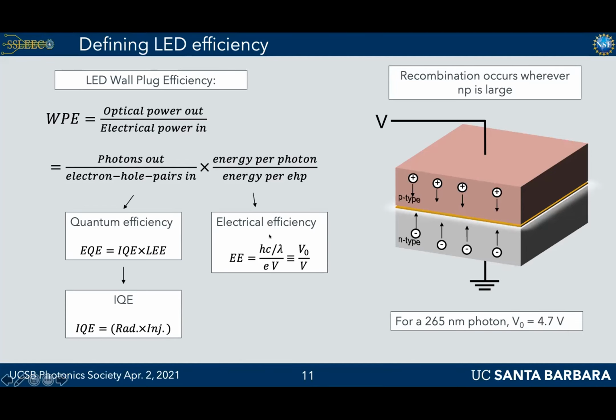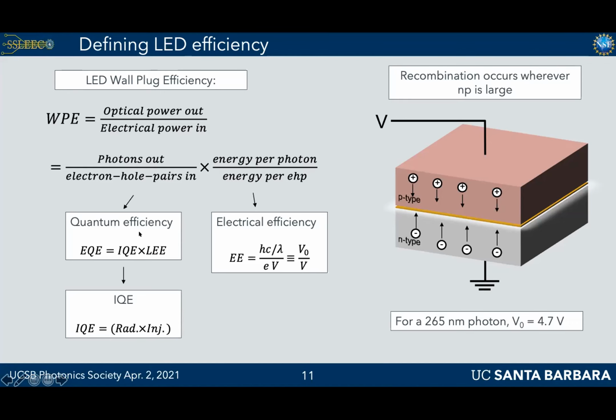Because LEDs are essentially a one-to-one light emission device, right? By that, I mean every injected electron produces at most one photon. It's convenient to talk in terms of a quantum efficiency. So you can use the word quantum, which sounds fancy, so people like to publish academic papers with the word quantum in it, but it really just means counting efficiency, right?